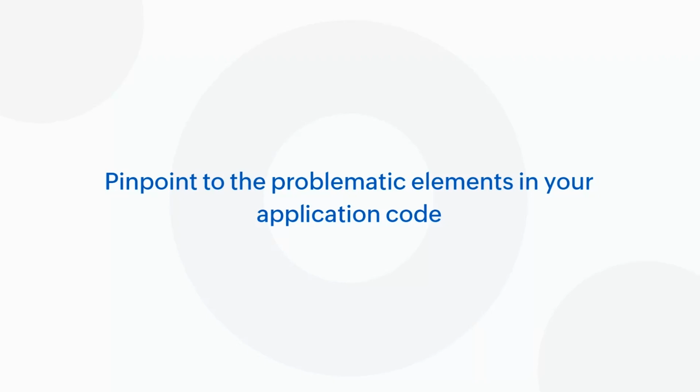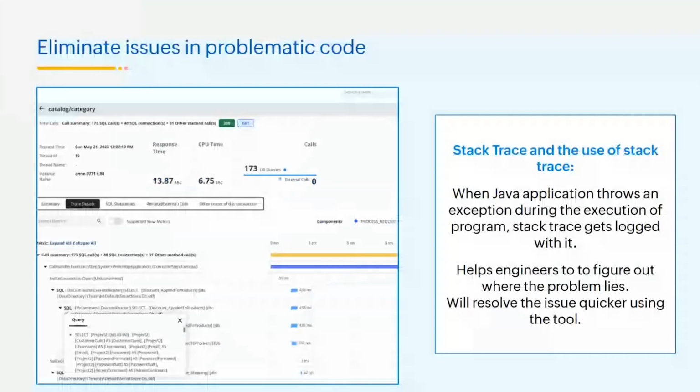Now we can move on to pinpointing the problems in the application at the code level. Let us see the need for eliminating the issues in problematic code. You are aware, a stack trace represents the movement of an application during the execution of a program. So when the Java application throws an exception, the stack trace gets logged.